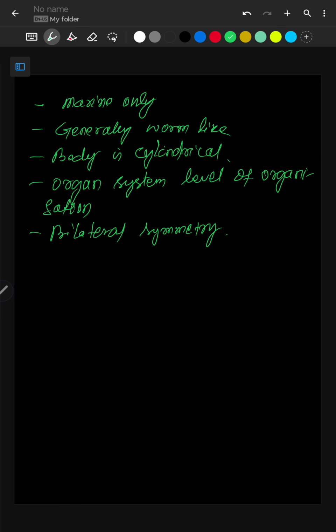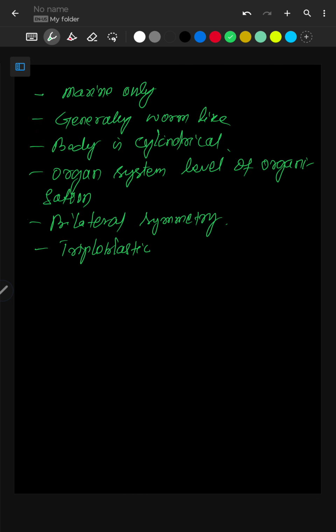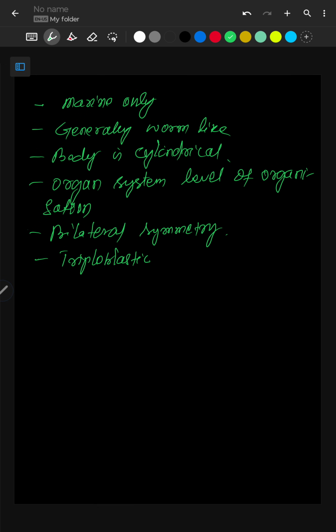Okay, and body, that means I am not explaining the meaning now. They are triploblastic. So these are the general features. And one more thing, they are coelomate animals, means a true body cavity is present.